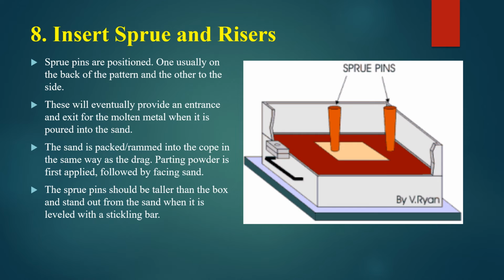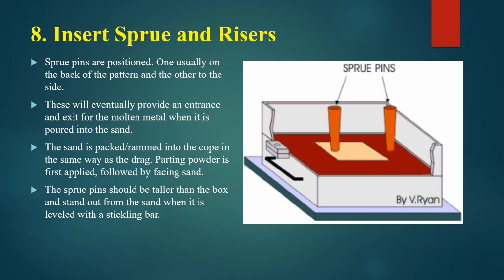Now insert sprue and riser. Sprue pins are positioned, one usually at the back of the pattern and the other to the side. This will eventually provide the entrance and exit for the molten metal when it is poured into the sand. The sand is packed or rammed into the cope in the same way as the drag. Parting powder is first applied, followed by the facing sand.